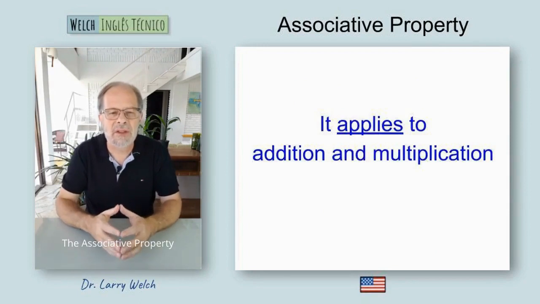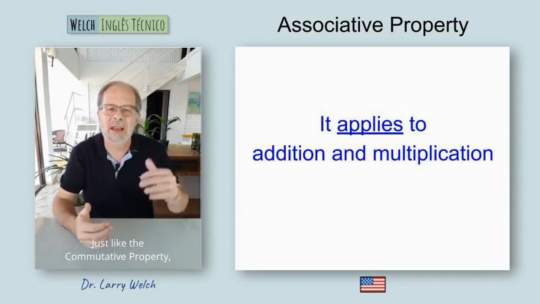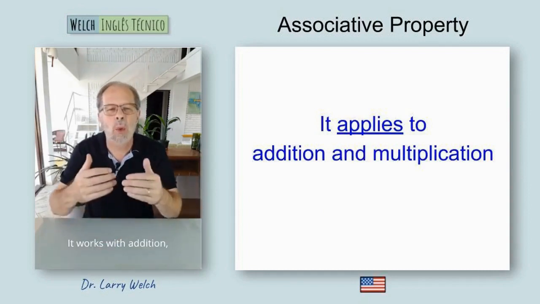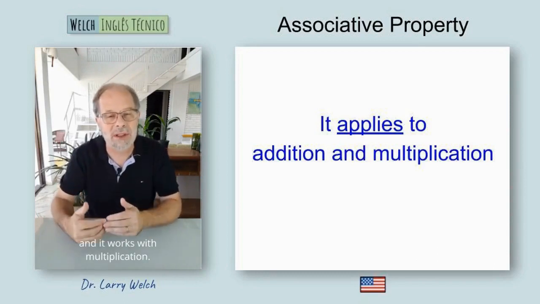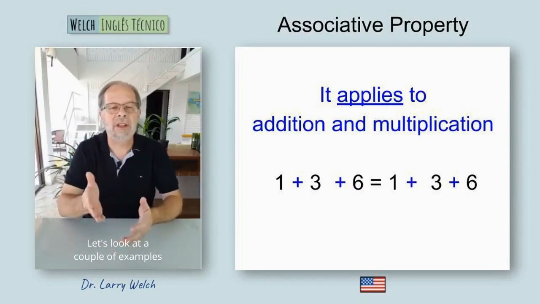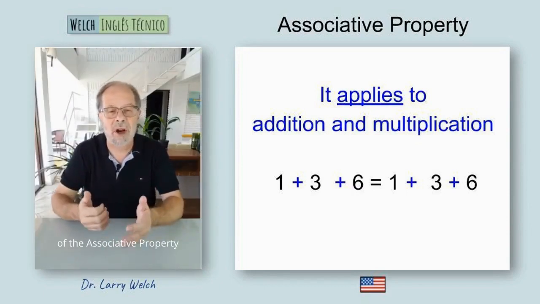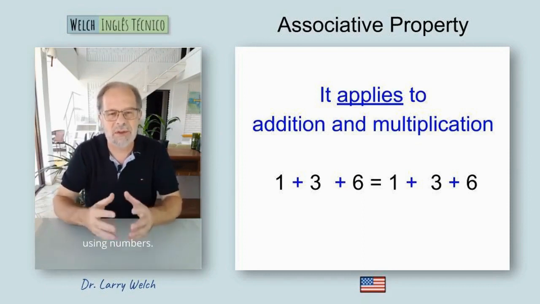The associative property applies to addition and multiplication. Just like the commutative property, it works with addition and it works with multiplication. Let's look at a couple of examples of the associative property of addition and multiplication using numbers.